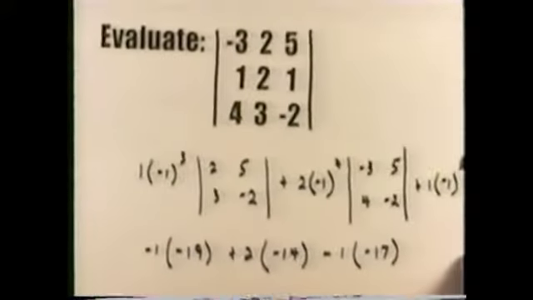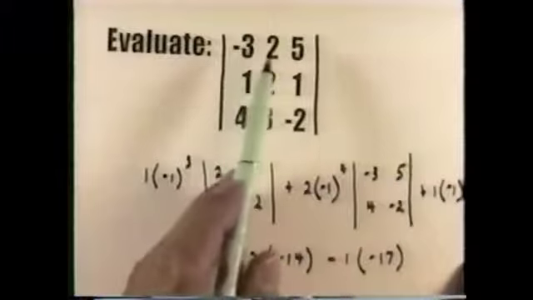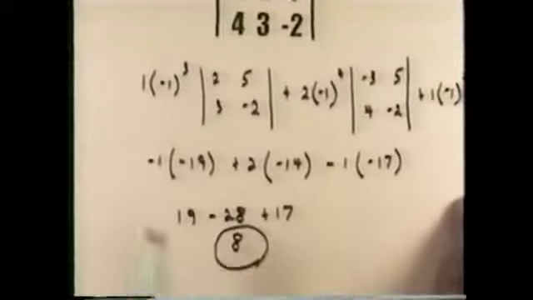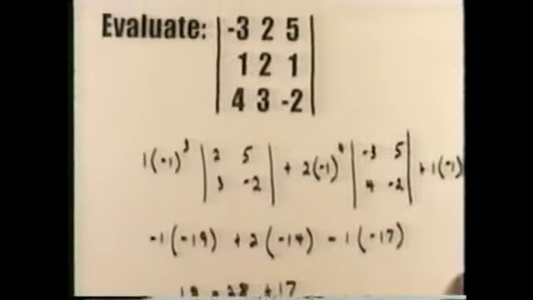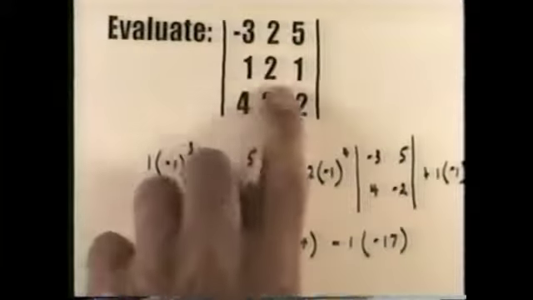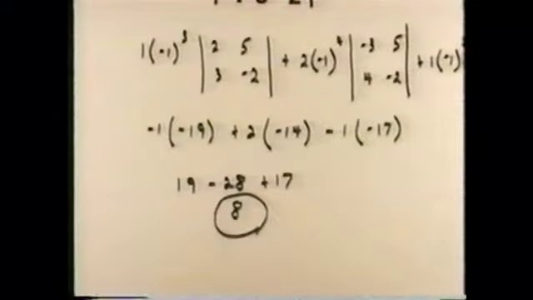So the value of the determinant, negative 3, 2, 5, 1, 2, 1, 4, 3, negative 2, is 8. I'm going to leave it for you to pick another row or column, expand it, and see that you get the same answer of 8.